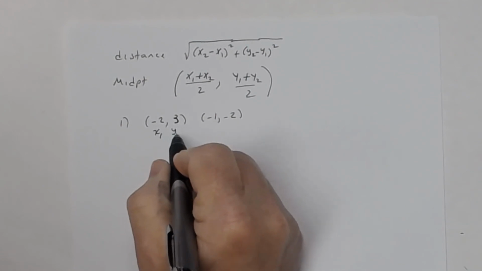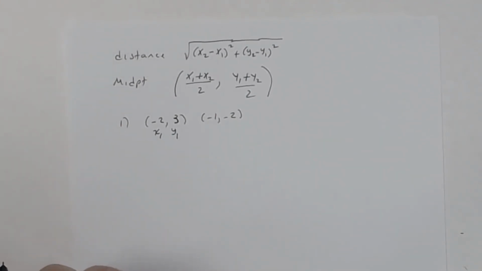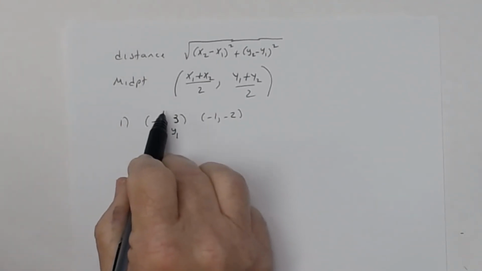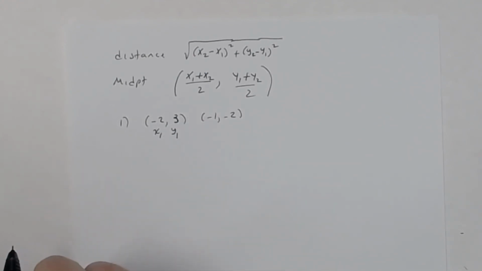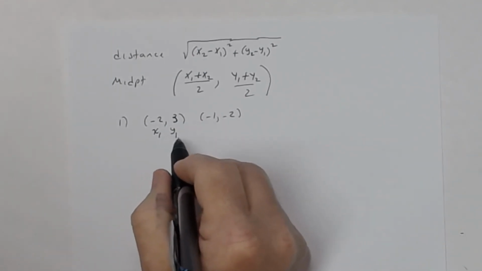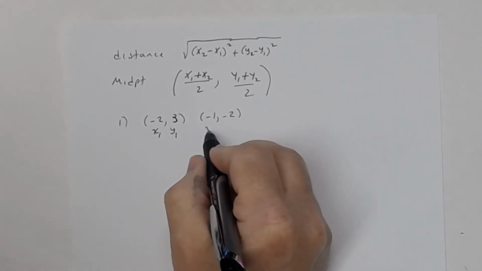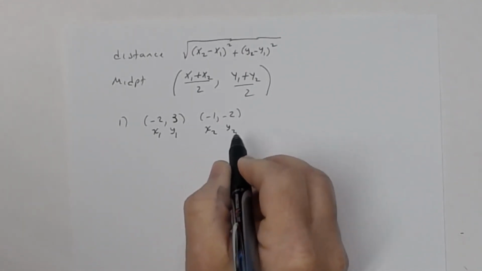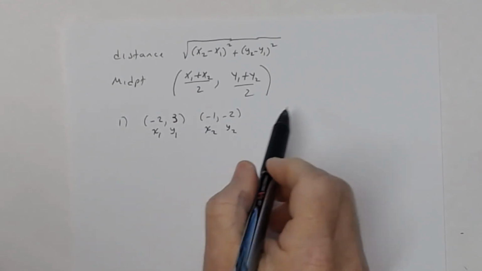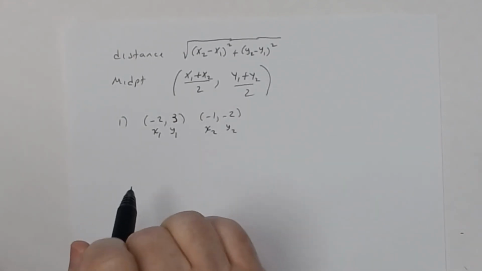And then this will be the y coordinate of my first point. So remember, in an ordered pair, this is your x, this is your y coordinate. And then this will be my second point. So we'll call this x2 and then y2. And then we'll just take this information and substitute it into these formulas.